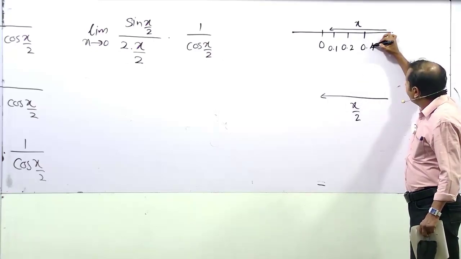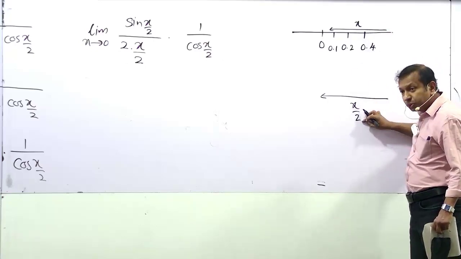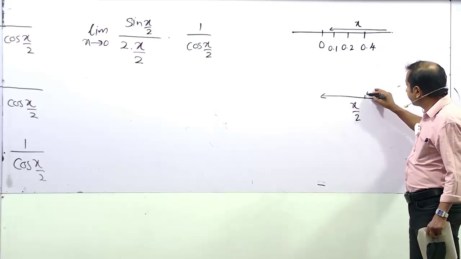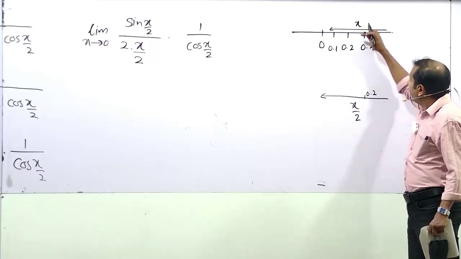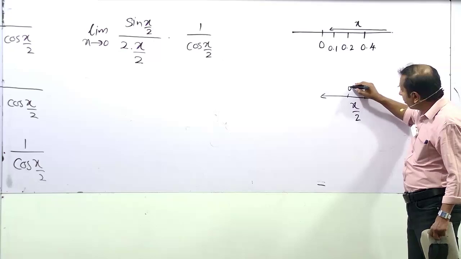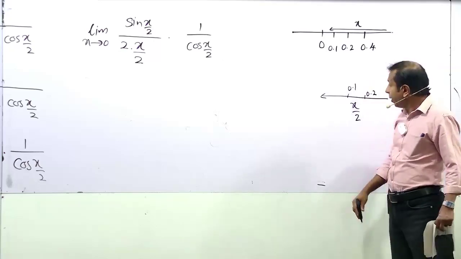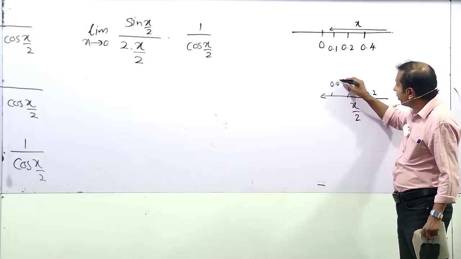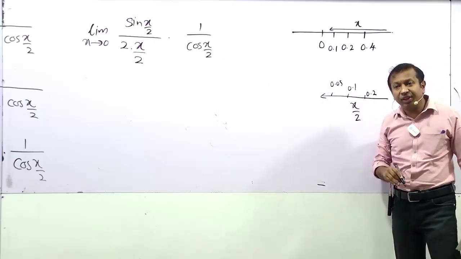When x takes 0.4, x by 2 is 0.2. When x is 0.2, x by 2 is 0.1. When x is 0.1, x by 2 is 0.05. What can you say here?